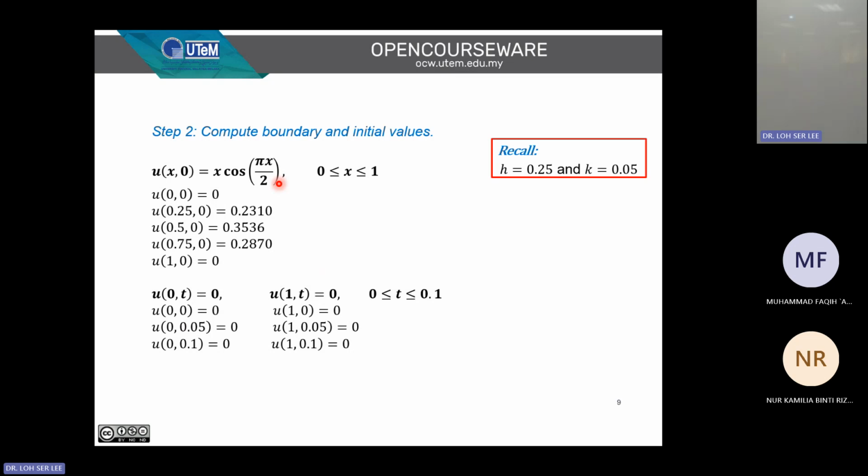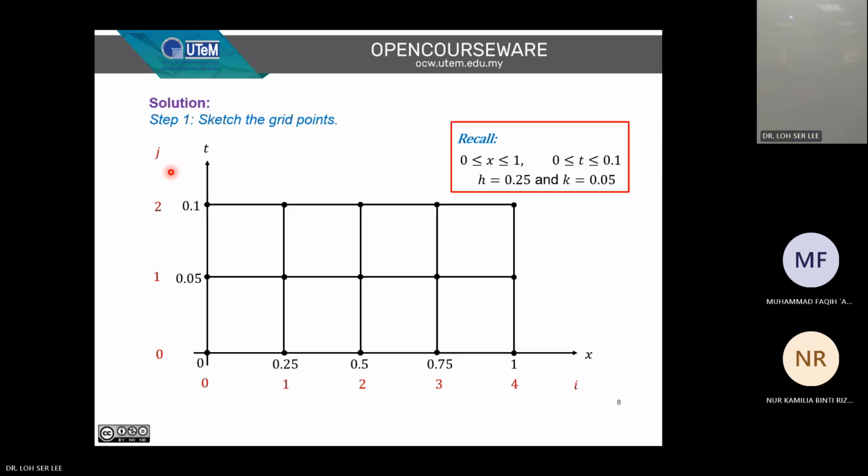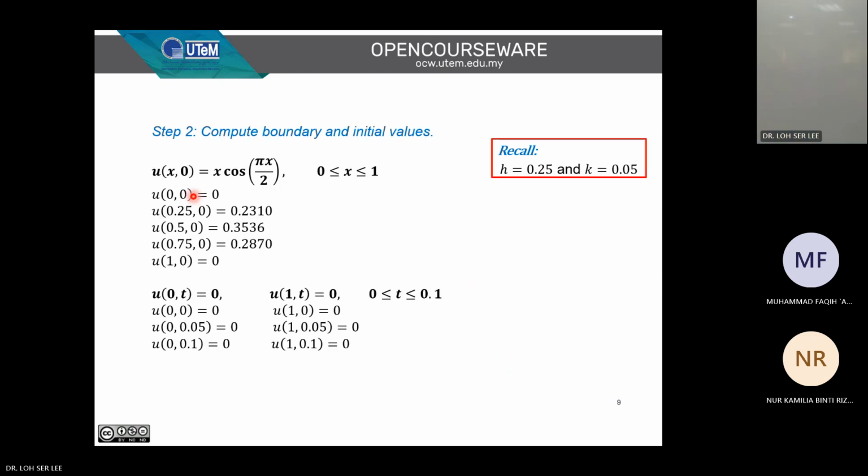So this is the given initial condition. This one is 0, that means T will remain 0. T will always remain 0. Your X will be all these values: 0, 0.25, 0.5, 0.75, and 1. Then you have to get the right-hand side values by substituting the X value into here and here. That means when X is 0, the result is 0.